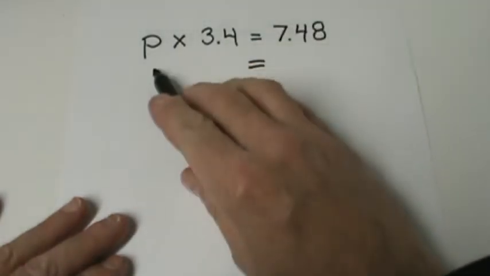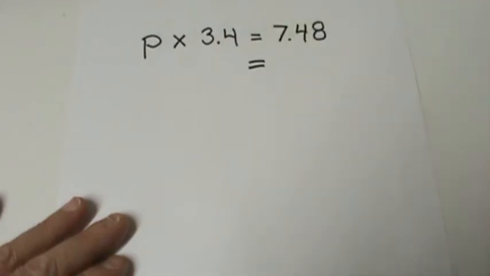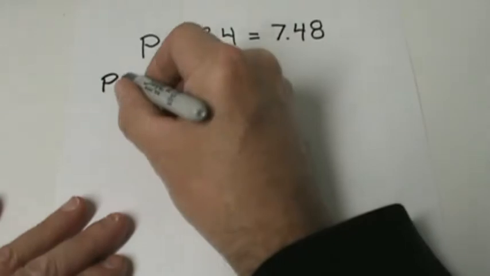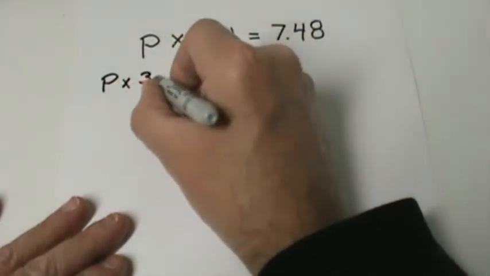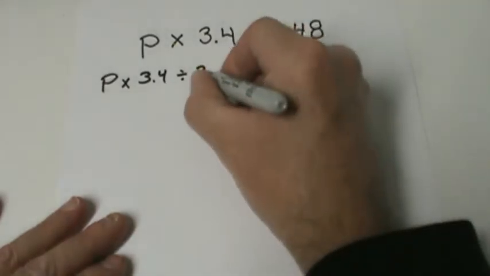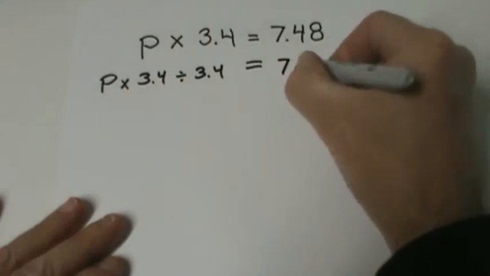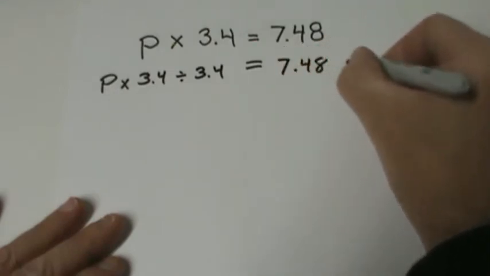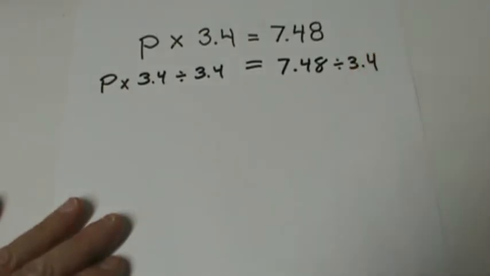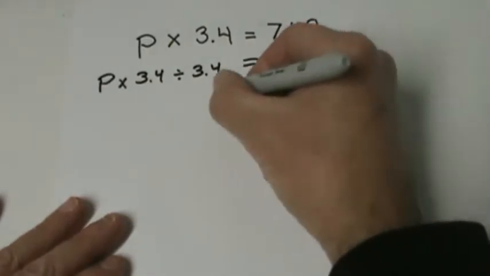So in order to get the variable alone and find its value or determine the solution, we have to do the opposite or inverse operation of P times 3 4/10, which would actually be dividing by 3 4/10. And then on this side, of course, we would have to balance the equation by dividing by the same amount. So we're going to divide on both sides in order to get P by itself.